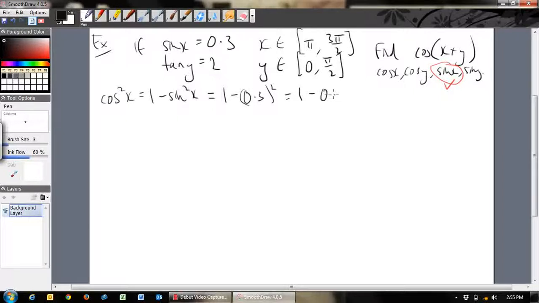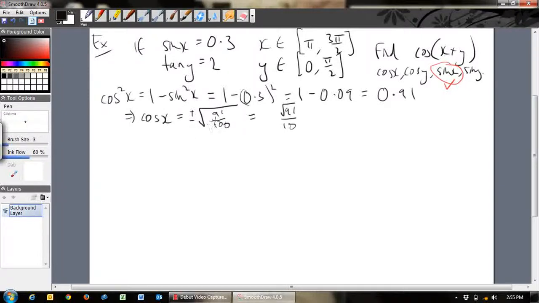That's 1 minus 0.09, which is 0.91. So cos squared is equal to that. Therefore, cos x is plus or minus the square root of 91 over 100, so the square root of 91 over 10.